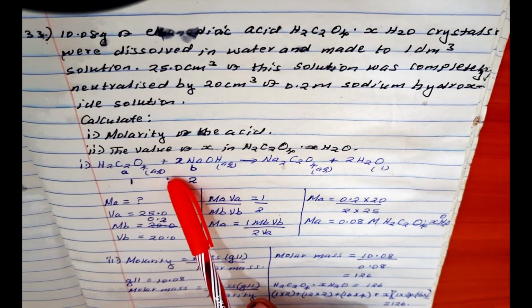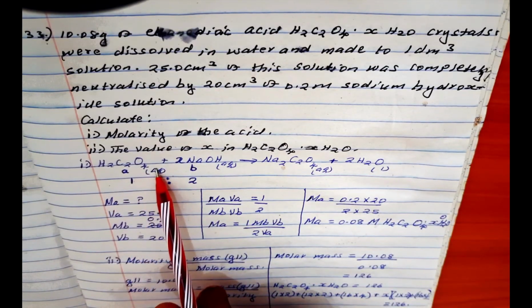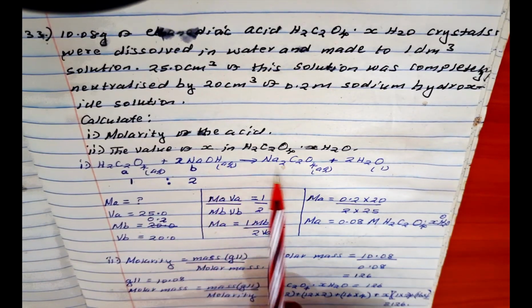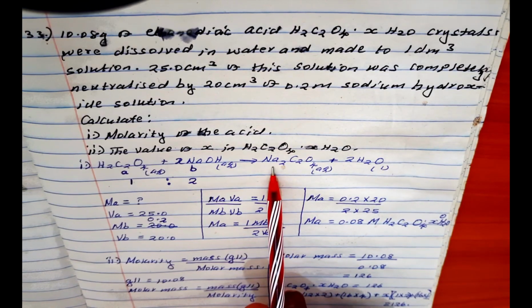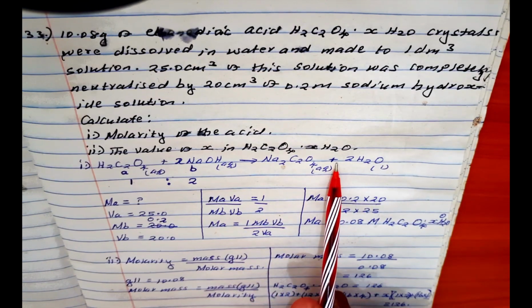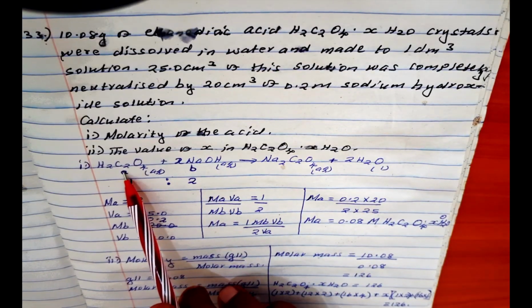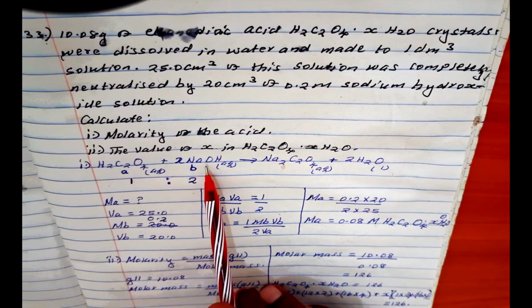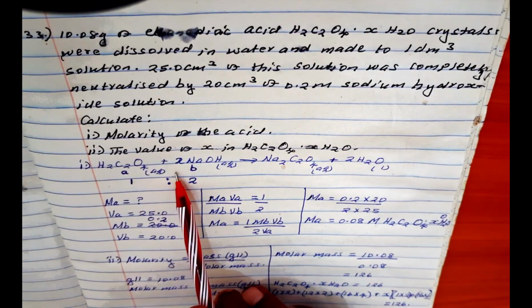Okay, so the first step, we write a balanced equation for the reaction between ethanedioic acid and sodium hydroxide. The products are sodium ethanedioate plus water. Ethanedioic acid is the acid, we abbreviate it as A. Sodium hydroxide is the base, we abbreviate it as B. We make sure that the equation is balanced.